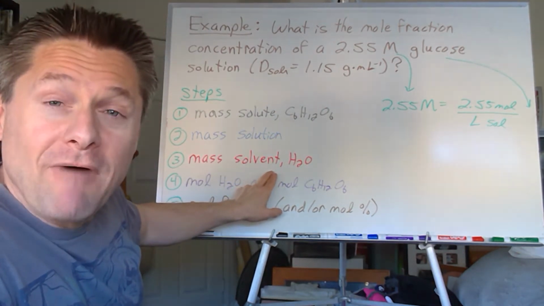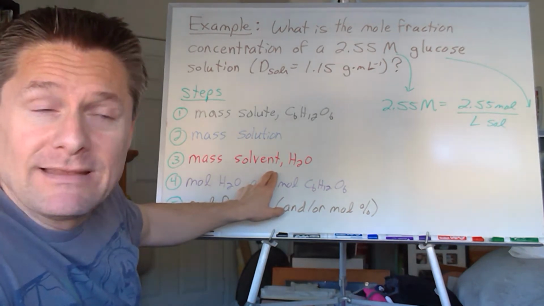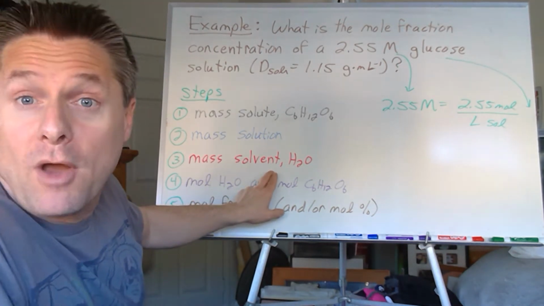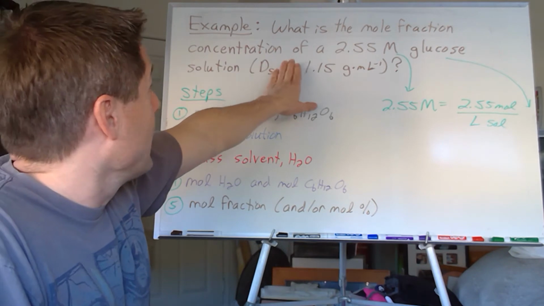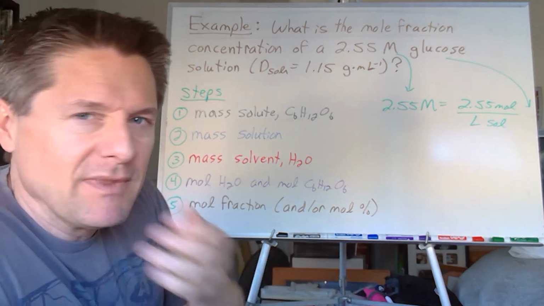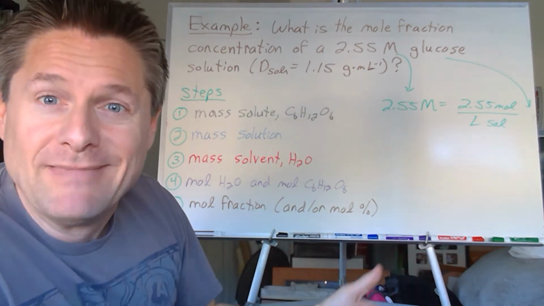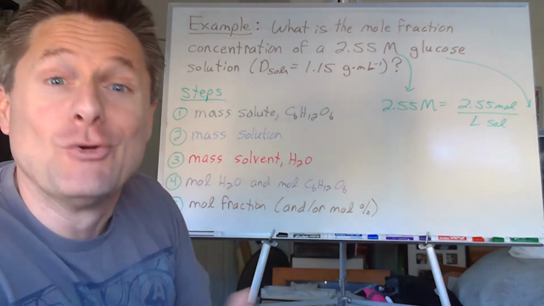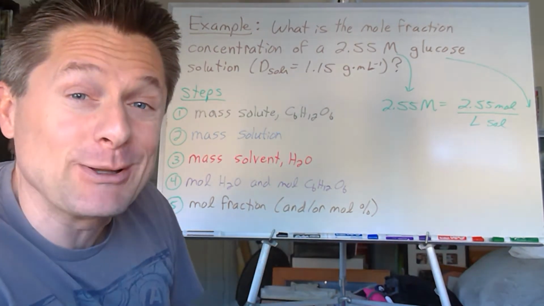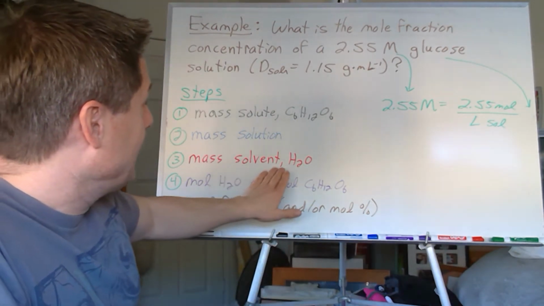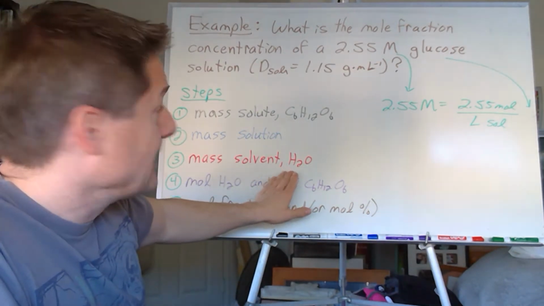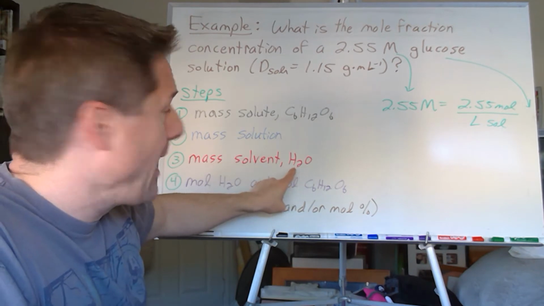If you are not provided the identity of the solvent, you'll have to make the assumption it's water, right? Because they don't even say an aqueous solution here, but that's usually implied. If it's not water, it would be told to you. I mean, it would be stated very clearly it's not water. So we can extract the solvent information from that. So now we got the mass of the solute and the mass of the solvent.